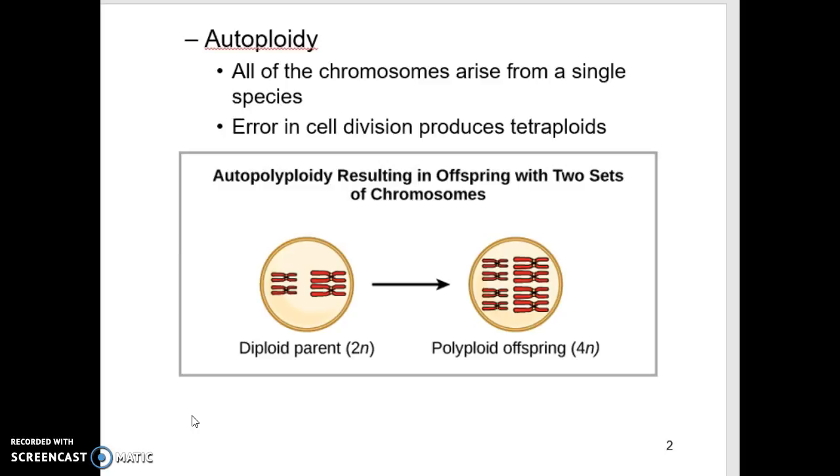Now, if that persisted generation after generation, and those Down syndrome individuals continued to have offspring that were Down syndrome, and more offspring and more offspring, that over lots of generations could potentially lead to speciation.